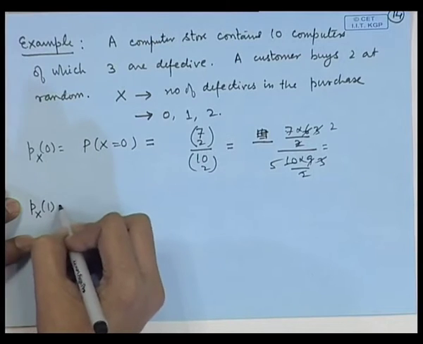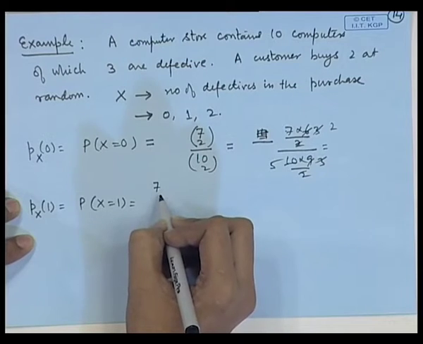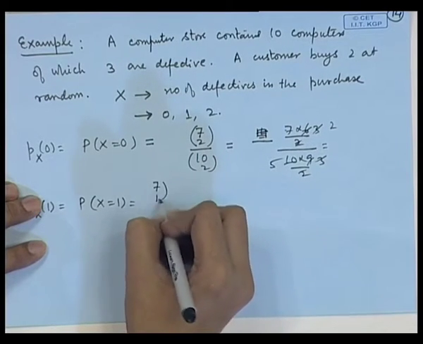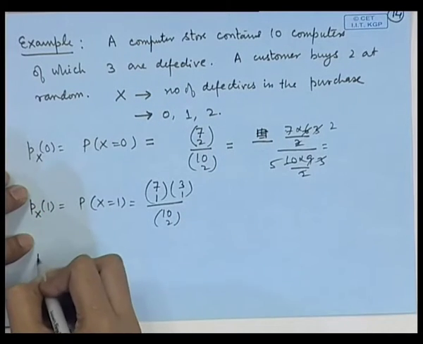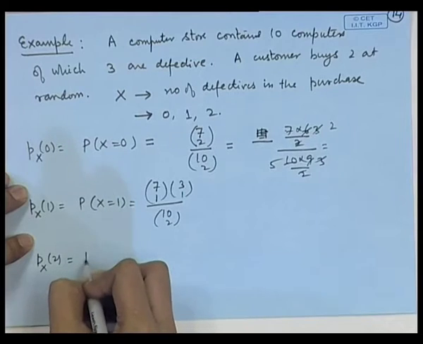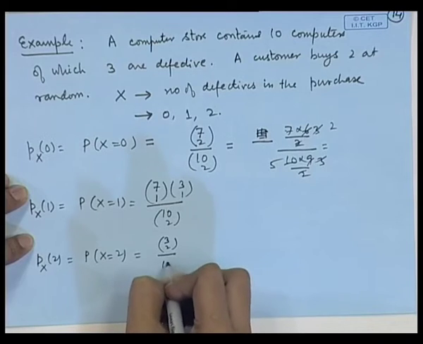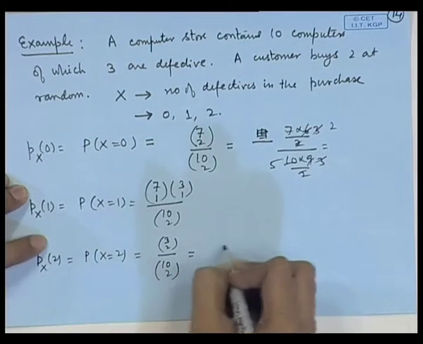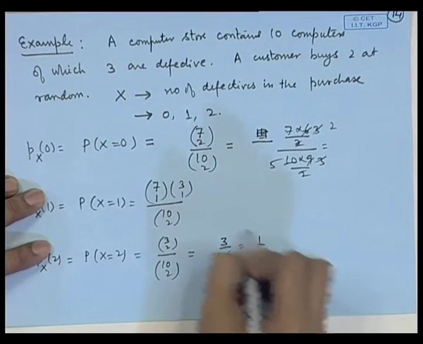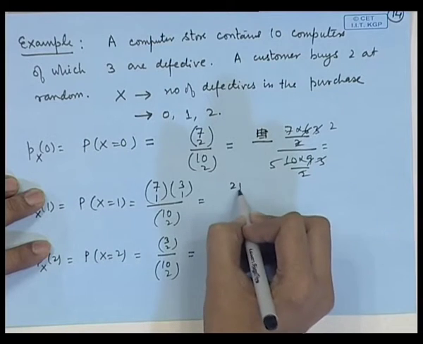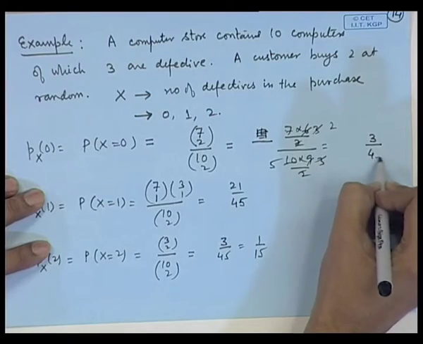If I consider probability X equal to 1, then it is equal to 7C1 times 3C1 divided by 10C2. If we consider p_X(2), that means both purchased are defective, then it is equal to 3C2 divided by 10C2. So, all of these values can be calculated.